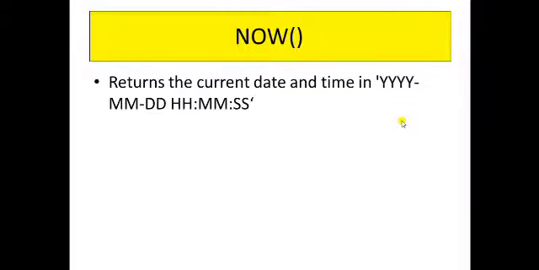The first function we are going to cover in the category of date functions is now. As the name suggests, whenever you execute the now function, whatever the system date and time is, it will return that value. The now function returns the current date and time in the format YYYY-MM-DD HH:MM:SS, where HH is hour, MM is minute, and SS is second.